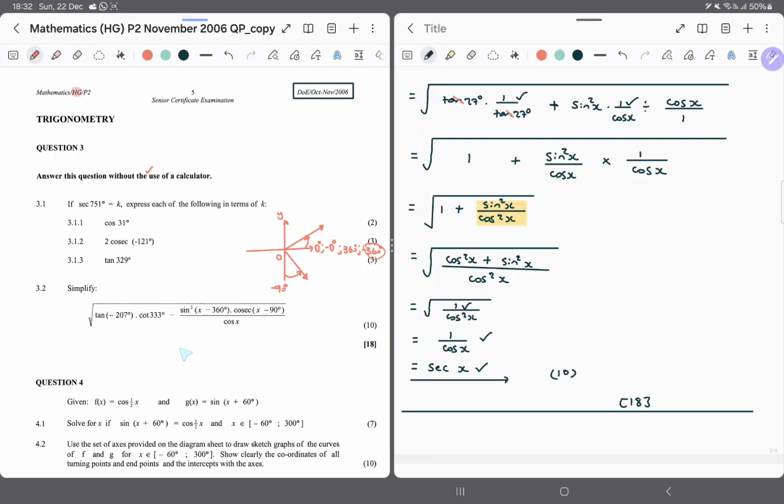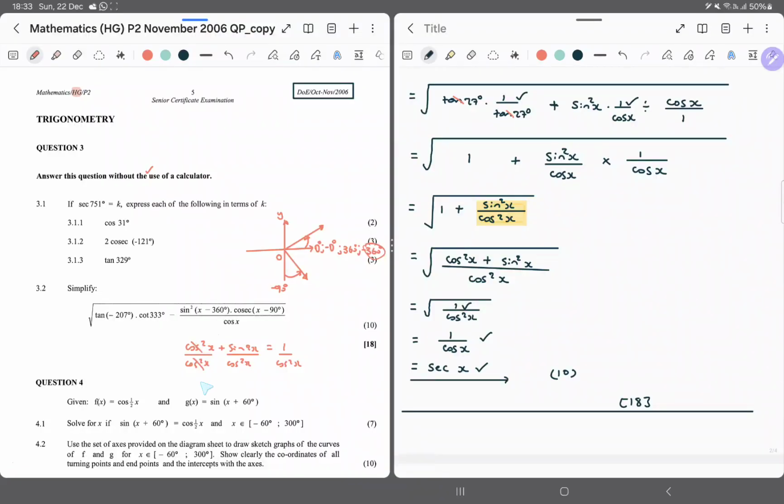Let me check. If we've got cos squared x plus sine squared x equals 1, and we want to make 10, we can divide by cos throughout. In maths, we can divide by anything we want, as long as we make sure it is balanced.